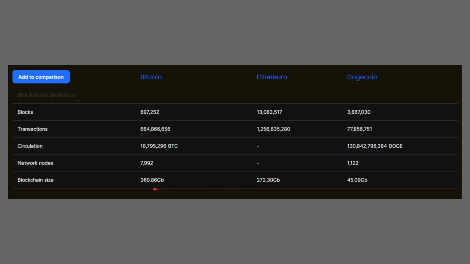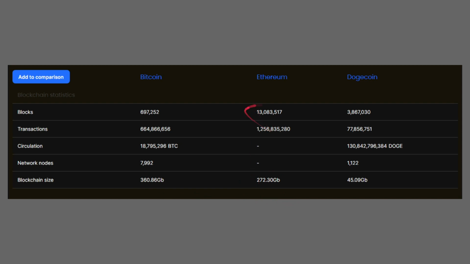And we also see the blockchain size. So in terms of size, what's interesting here is that the Bitcoin blockchain is a larger size in terms of gigabytes, 360.86 gigabytes, in comparison to the Ethereum blockchain, which is only 272.30 gigabytes.